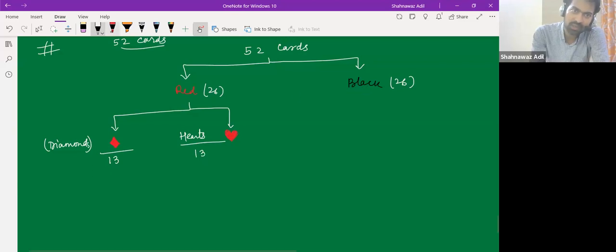Similarly, we have two black divisions. One is called the spades.